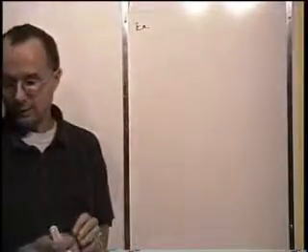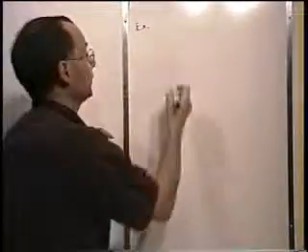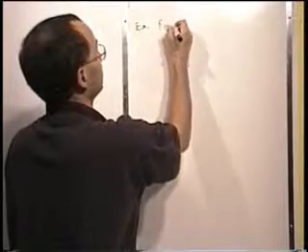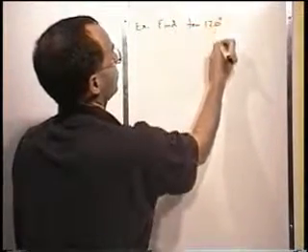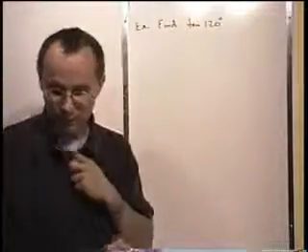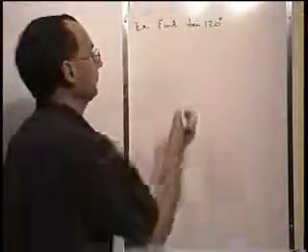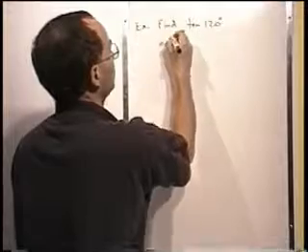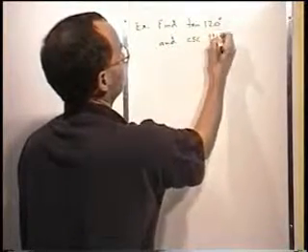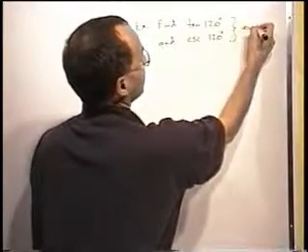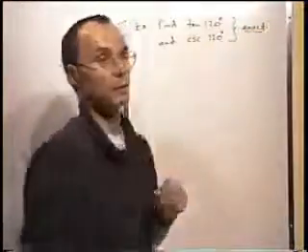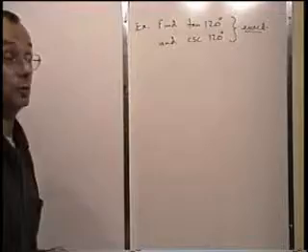Okay, so the one that I'd like to look at to start us off is I want to find tangent of, say, 120 degrees. And let's throw another one in there. And cosecant of 120 degrees. And I want these to be exact. Okay, so let's see what we could do there.